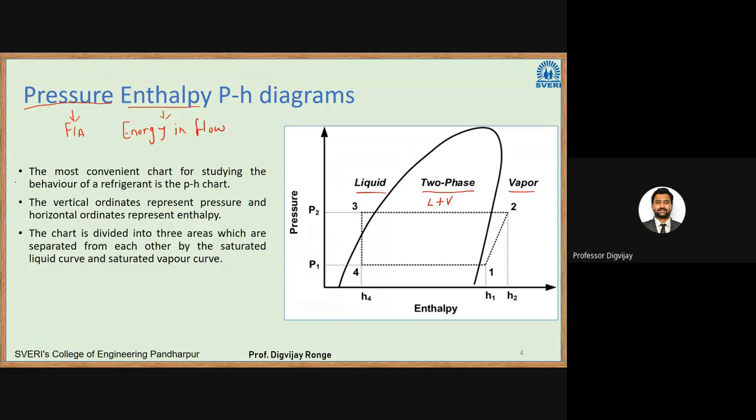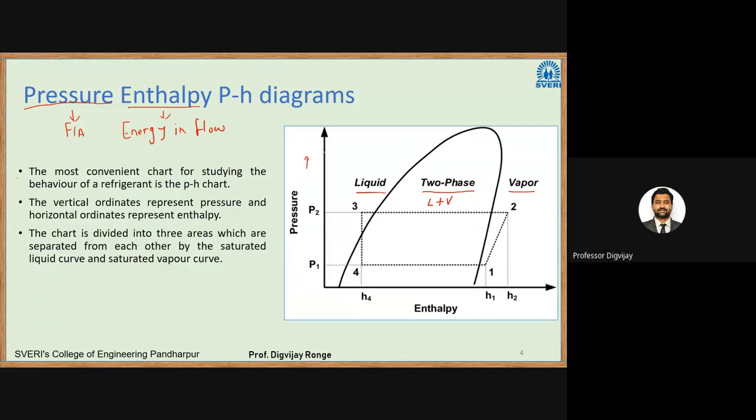I'll read whatever is on the screen. The most convenient chart for studying the behavior of a refrigerant is the pH chart. The vertical ordinates represent pressure and the horizontal ordinates represent enthalpy. So this vertical axis is the pressure.